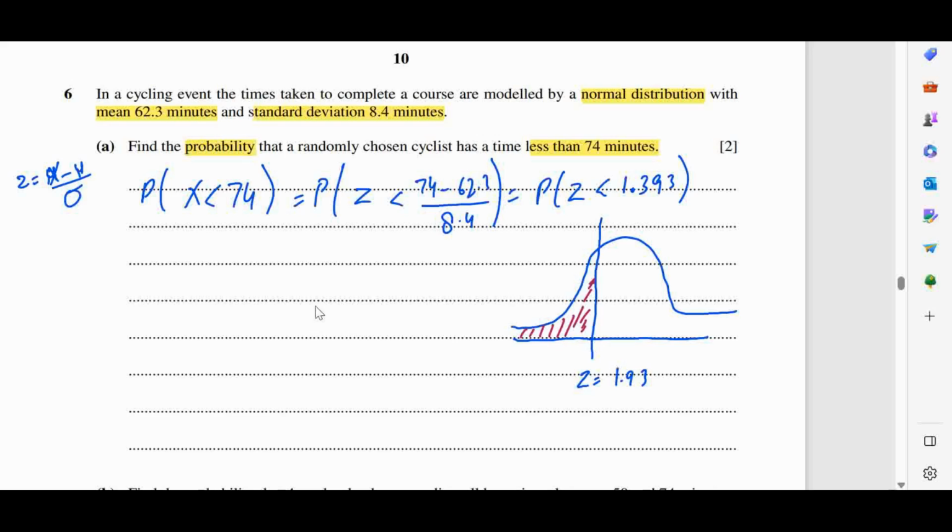So we can directly use the table and see the value at 1.393. So probability of z less than 1.393. Let's use the table over here.